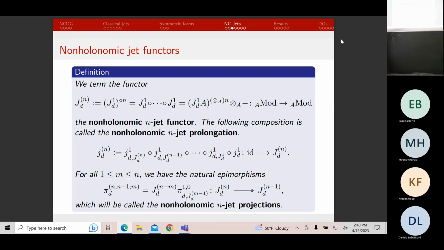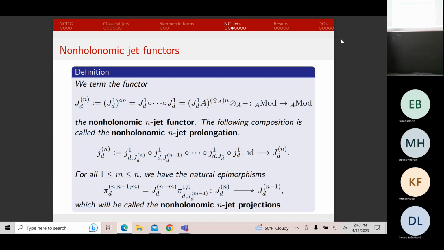Now that we have the one jet, we can generalize immediately another classical construction, which is that of non-holonomic jets, which are built in this way. So we apply the jet functor several times over a bundle, and we obtain this object, which we call the non-holonomic M-jet functor. Now this is a bit too big to be a reasonable notion of jet.